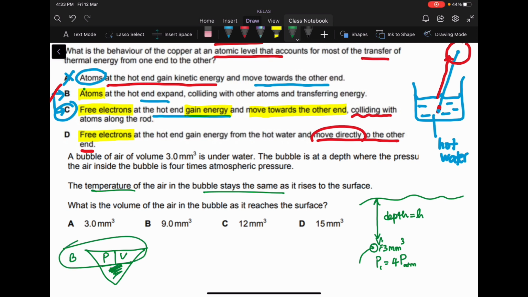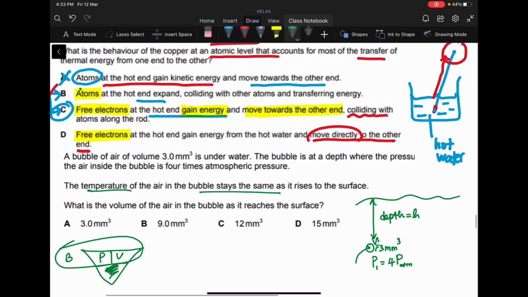Temperature is constant. So we are expecting to have V2 and P2, right? Situation 1 and situation 2. So this is the question: what is the volume of the air bubble as it reaches the surface? Here is the surface. Now you need to understand this. Atmospheric pressure is the pressure of the atmosphere.